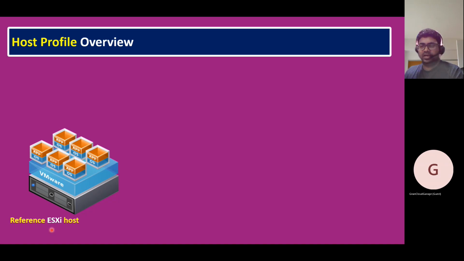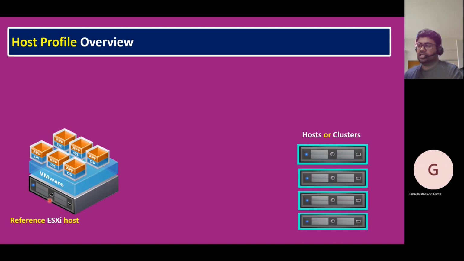On this hardware, we have installed the VMware ESXi software, and on top of it we created multiple virtual machines. Let's say this ESXi host is completely hardened as per our organization's security benchmarks. Whatever configuration settings we configured on this reference ESXi host, we plan to assign the same settings to our other ESXi hosts.